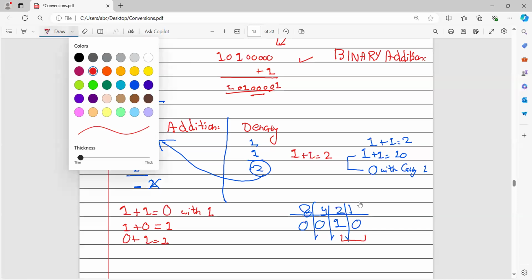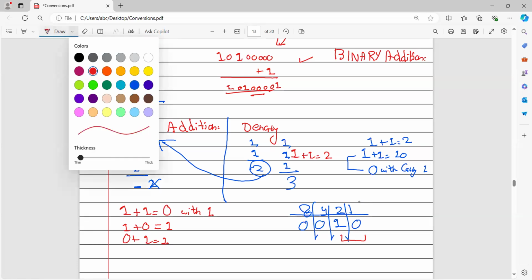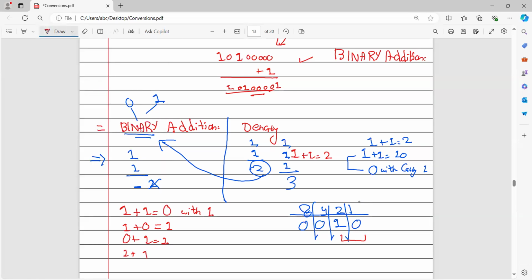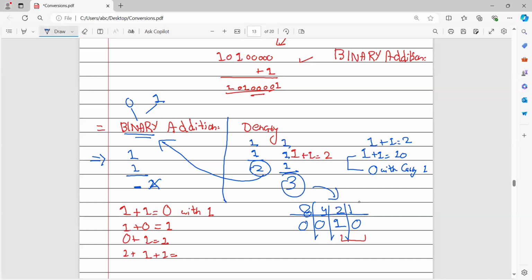But what do you think? If I have 1, 1, and 1, if I add these, what is going to be the answer in denary? 3. But what is going to be the answer in binary? I cannot write 3. That means I need to convert this denary into binary. So right here, I'm just going to add a 1 here.